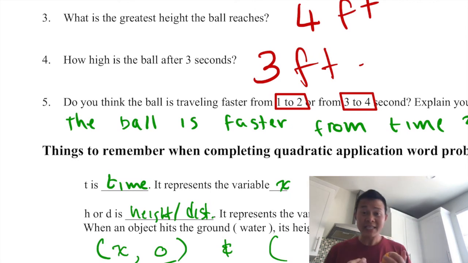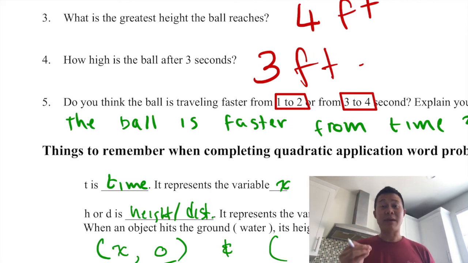So by finding the x-intercept, by finding the solutions, you can tell when an object hits the ground, okay? And that's why solving equations is really important, because it ties to applications that are really useful, okay?